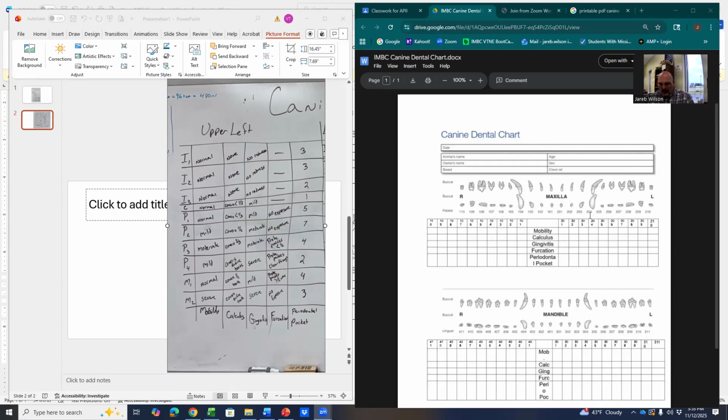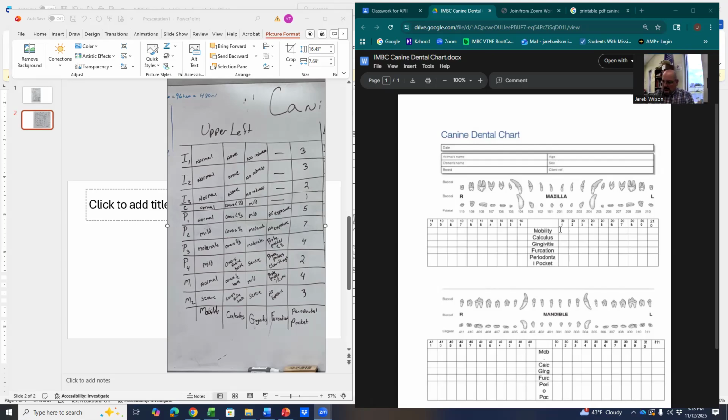So we're just going to go down through this list for mobility. 201, mobility is normal. So look at your chart here. It says no mobility across the top.